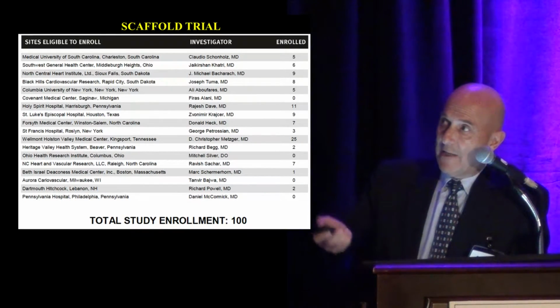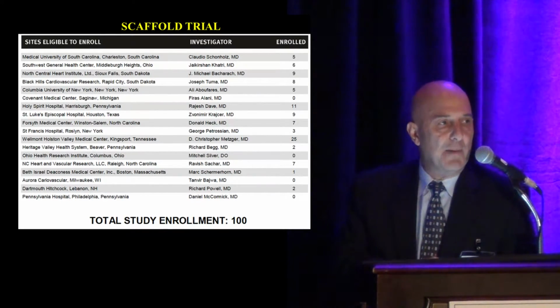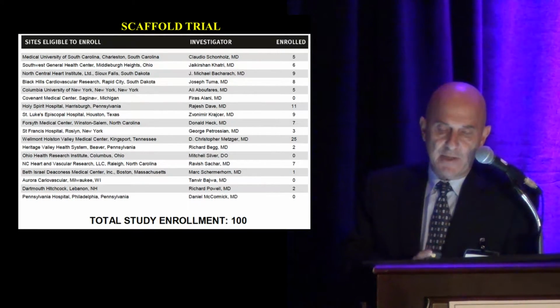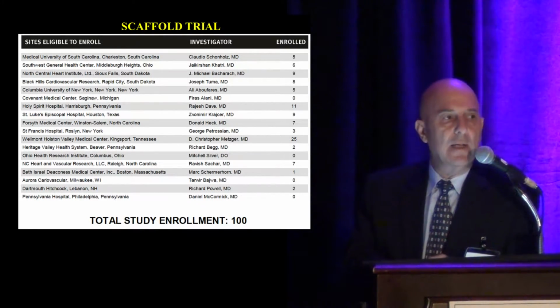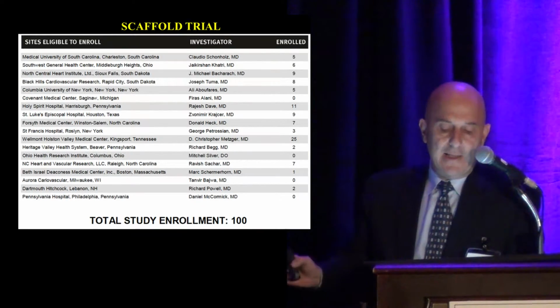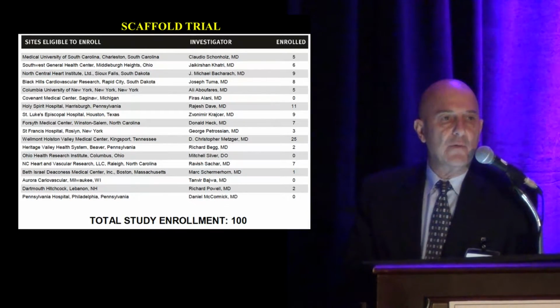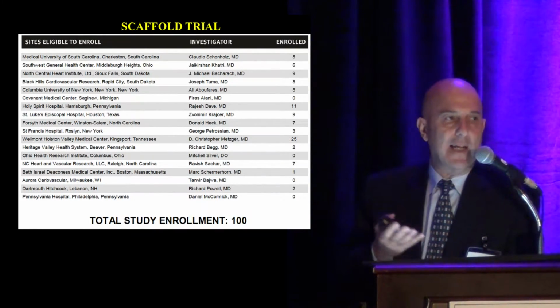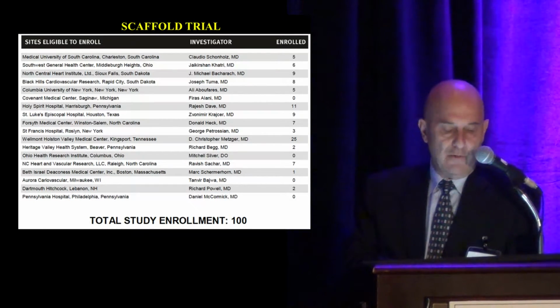So these are the centers that enrolled the first 100 patients. And after we finished those 100 patients, the data was sent to the FDA, and now the FDA gave the green light to continue with this study, and we started to enroll cases again 2 weeks ago.